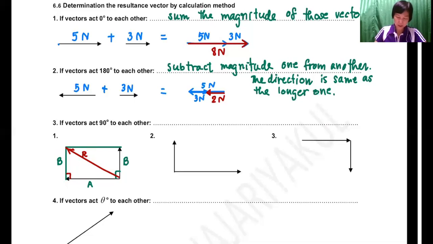We can determine the magnitude of the resultant by using the Pythagoras theorem. So R will equal the square root of A square plus B square. I don't need to review more because you already studied it in mathematics. So I will summarize: whenever vectors act at an angle of 90 degrees to each other, we can determine the resultant vector by using the Pythagoras theorem.